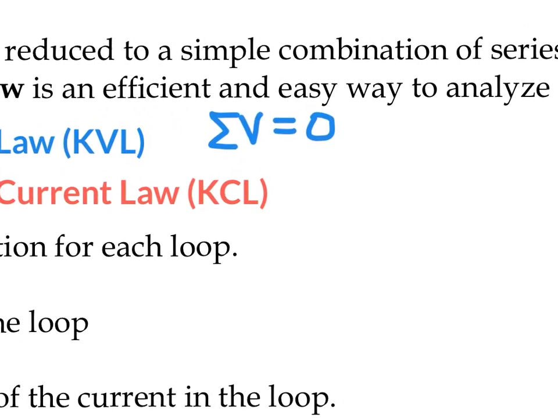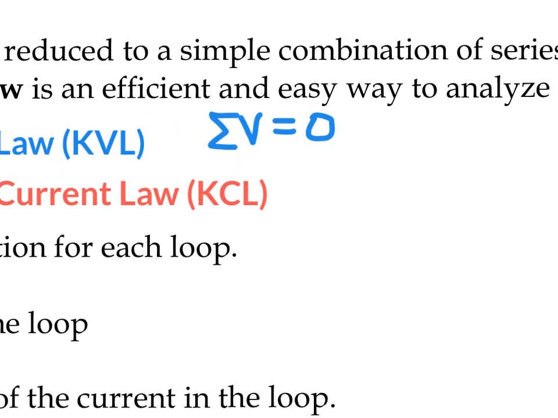Kirchhoff's current law takes a look instead at each node in a circuit, and that says that if I define all the currents as going into the node, the sum of all those currents has to equal zero. In other words, you'll have some positive currents and some negative currents.